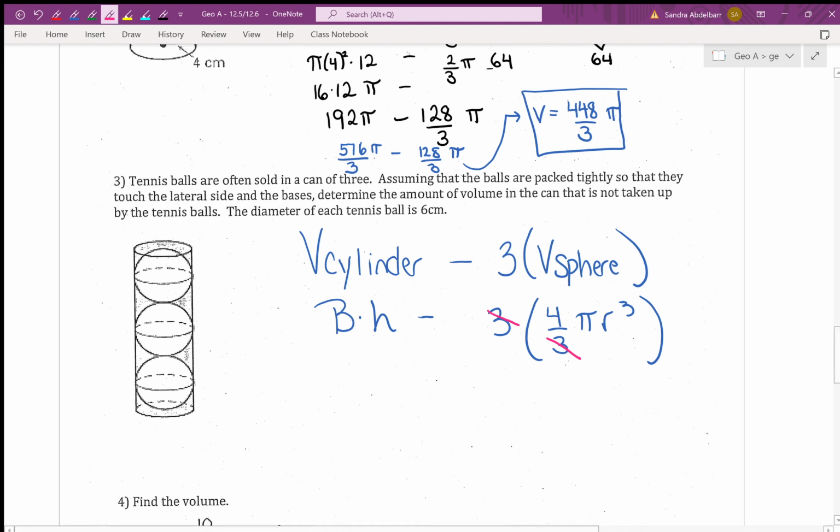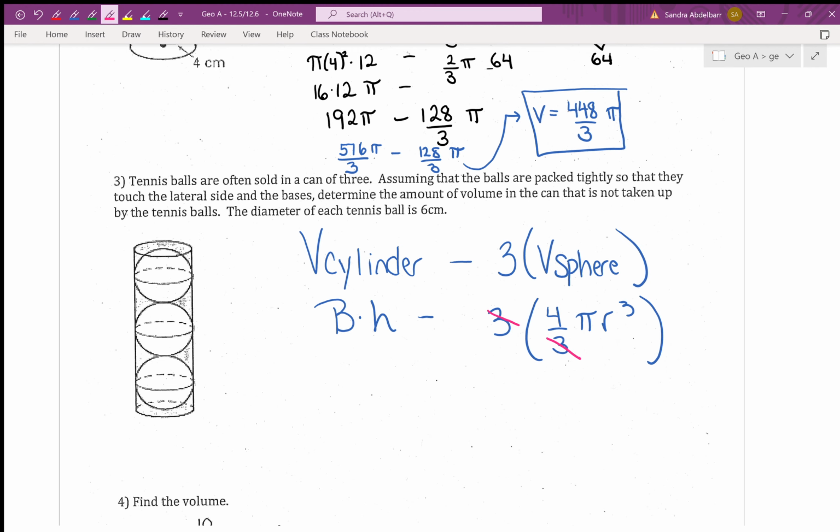Now they're telling us, should I wait for you to catch up? This next part's pretty important in solving this. All right, so they're telling us the diameter of each sphere is 6 centimeters. You guys are mostly used to seeing the diameter drawn horizontal, right?